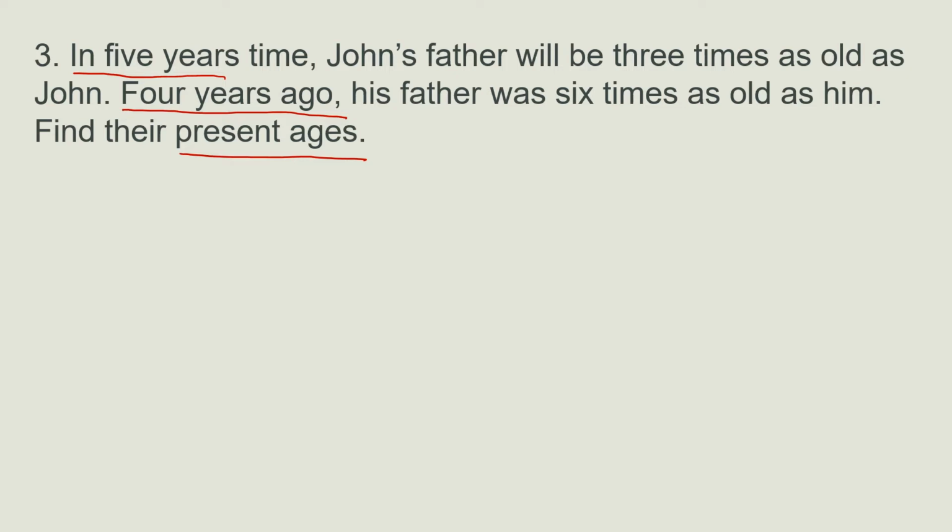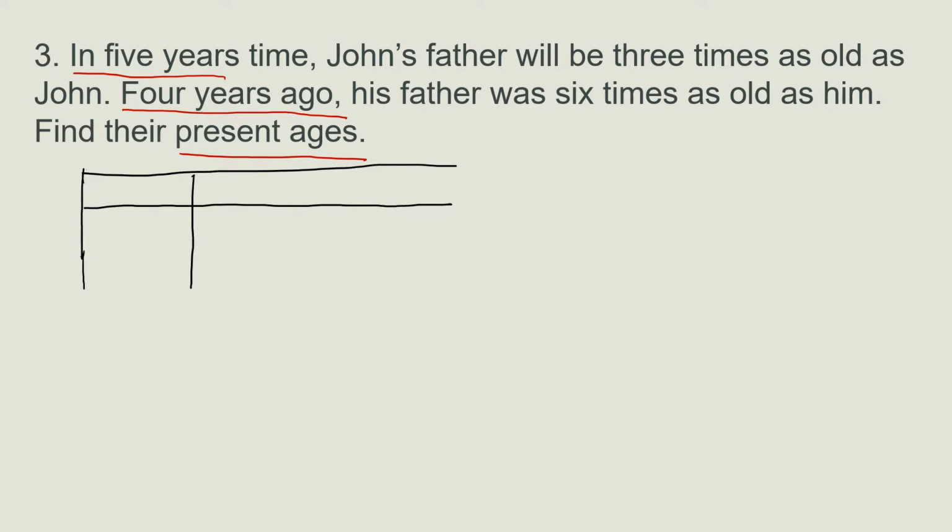For a problem like this, I usually use a table to make the representation. So let's make one. Again, we're talking about two persons here, John and his father, and we have three main timelines.